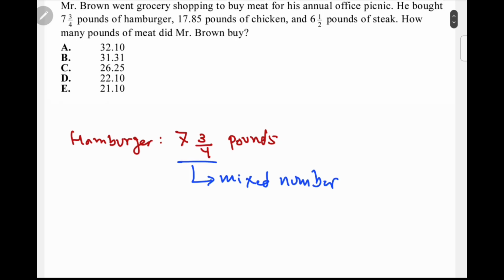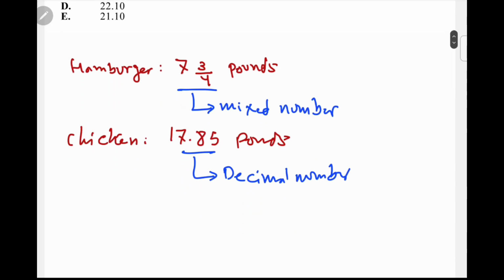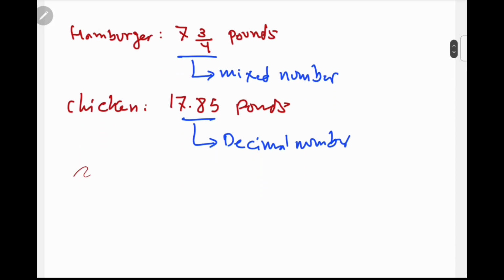The other one is the chicken, and the amount of meat in pounds is in decimal, 17.85 pounds. So this is in decimal format. And the third one is 6.5, which is the steak, in pounds.